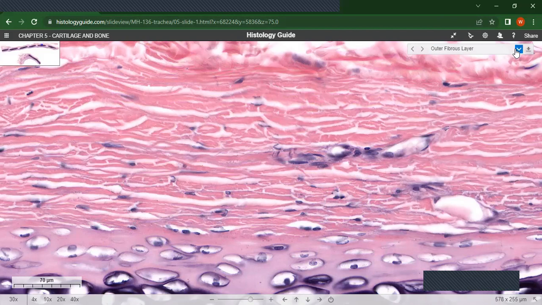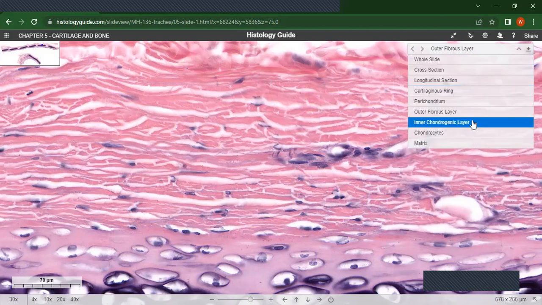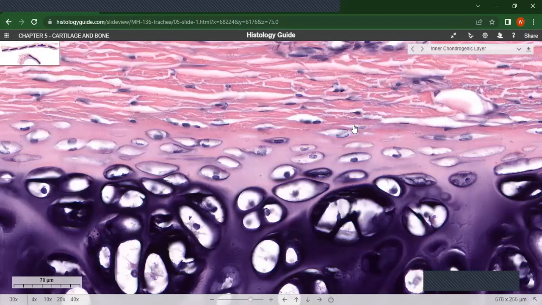Then we have the inner chondrogenic or the inner cellular layer. There it is. These cells are the chondroblasts, but these in lacuna are the chondrocytes. Okay, then let's look at the matrix.